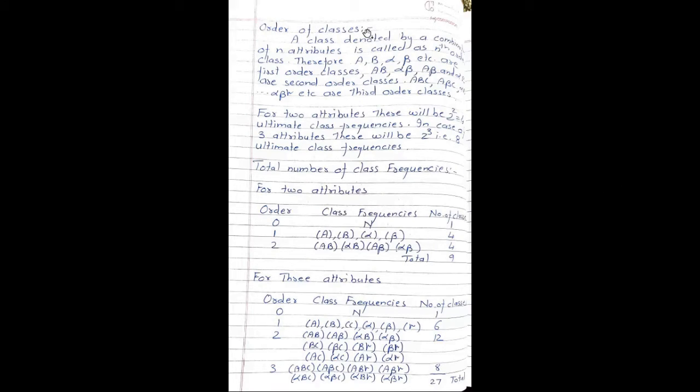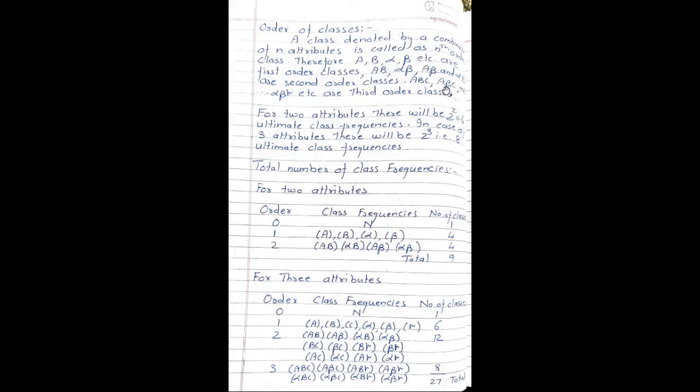Order of classes: a class denoted by a combination of n attributes is called an nth order class. Therefore, A, B, alpha, beta, etc. are first order classes. AB, alpha beta, A beta and alpha B are second order classes.